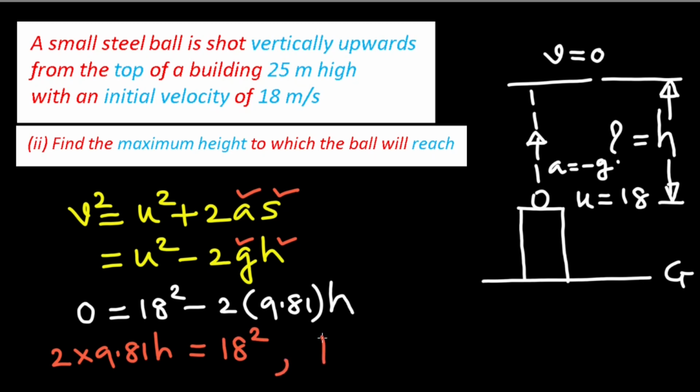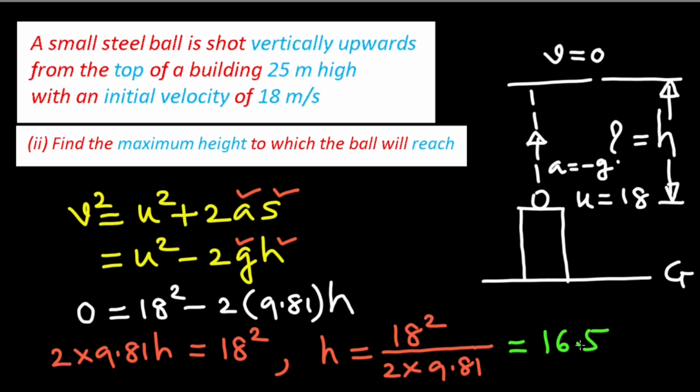So h will be 18 squared by 2 multiplied by 9.81. That gives us the maximum height that the ball will reach to be 16.51 meter.